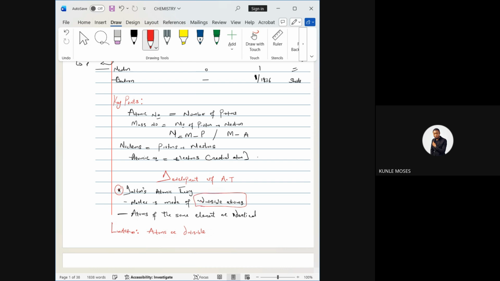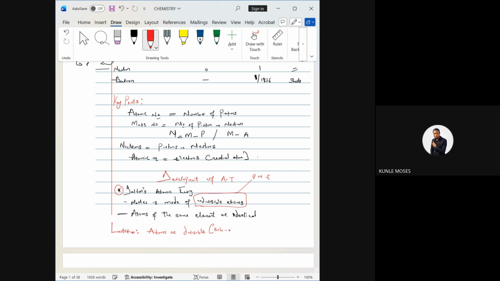I was explaining to you that modern theory made us understand that atoms can be divided into three particles: proton, neutron, and electron. So that means his theory is not complete, because atoms are divisible. They have subatomic particles.